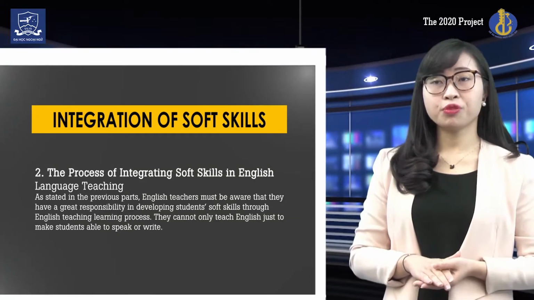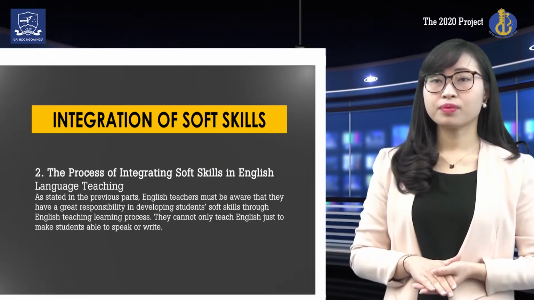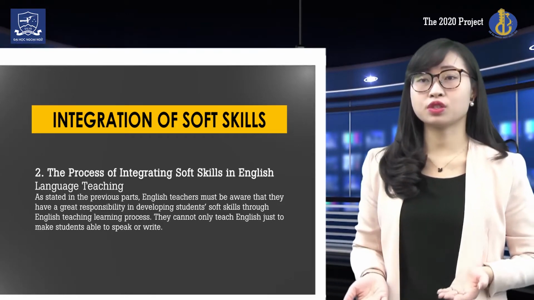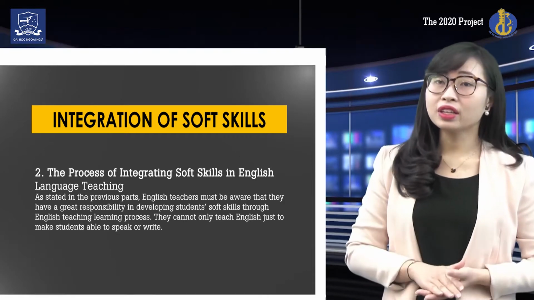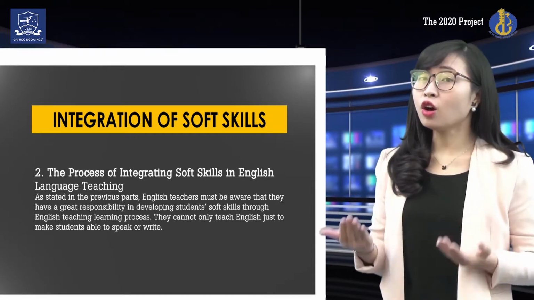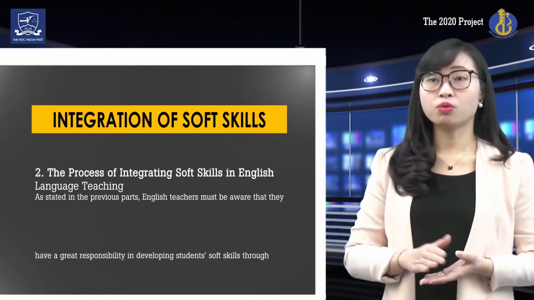As stated in the previous parts, English teachers must be aware that they have a great responsibility in developing students' soft skills through English teaching learning process. They cannot only teach English just to make students able to speak or write.